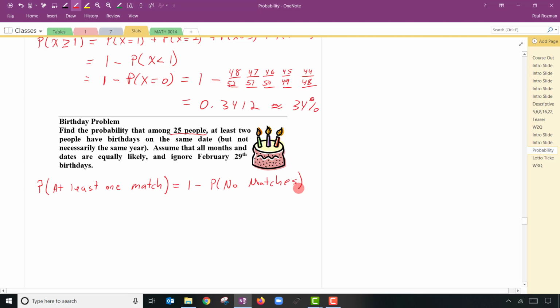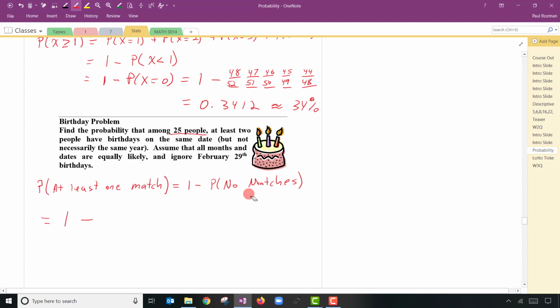What's the probability of having no one who matches anyone else in the class? Now that's more reasonable because there's only one way. Everyone is different. So we don't have to worry about all the different ways we can mix it up. But it's still a relatively hard thing to grind out on our calculator.